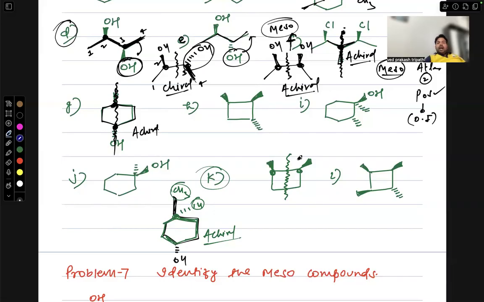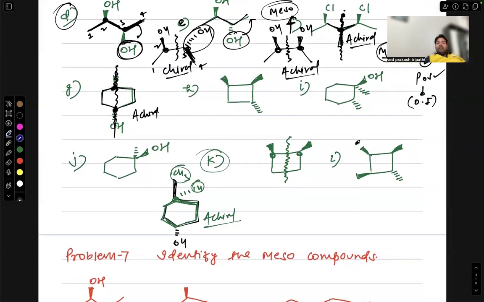And the same thing in the I as well. Look at here. If you are going to cut from this axis, now you can see this wedge methyl and this wedge methyl. This is the same. So we have a plane of symmetry. So plane of symmetry means achiral. This one is also achiral. Any doubt? Tell me everyone, any doubt?